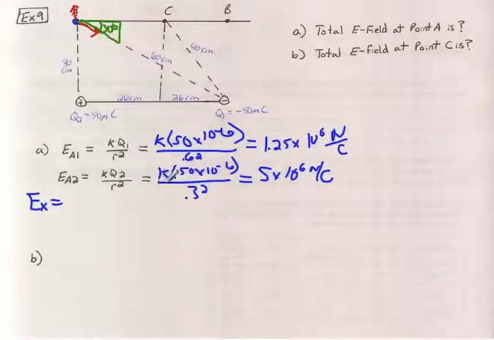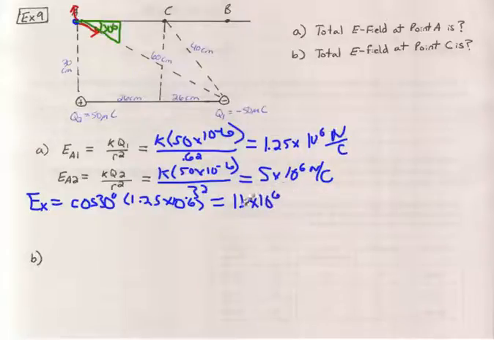So the cosine of that 30 times this guy, that was charge 1. So times 1.25 times 10 to the 6th power. Okay, so I got 1.1 times 10 to the 6th is left.